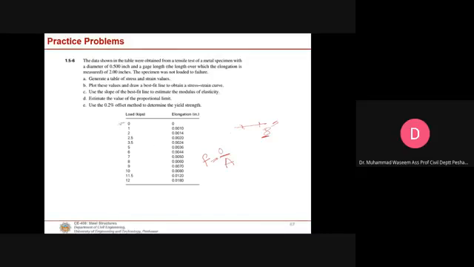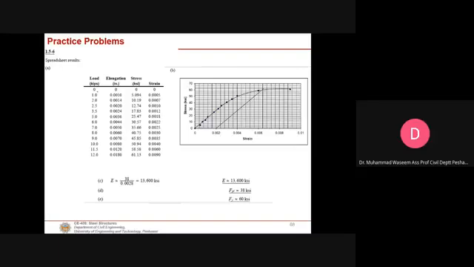You can calculate the stress at this point, this point, this point. You already have the elongation, and from this you can calculate the strain. So the load is there, the elongation is there, the stress is calculated and the strain is calculated.